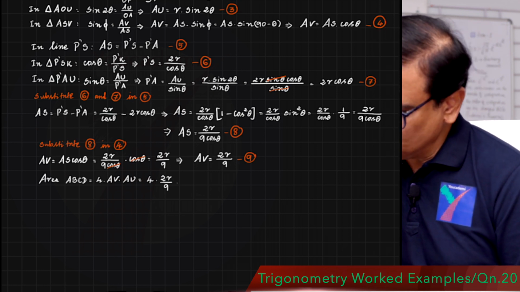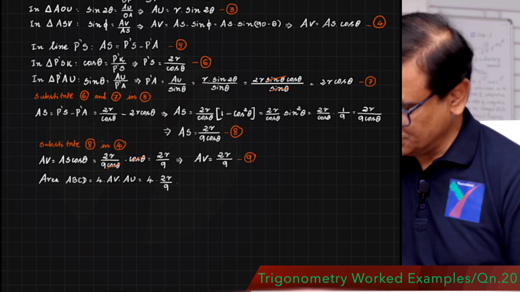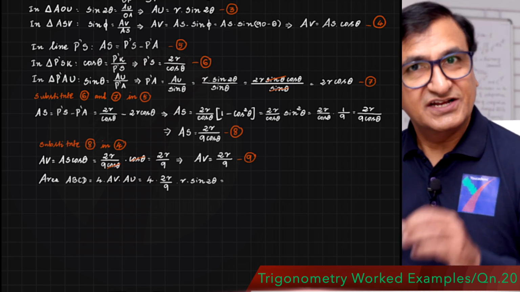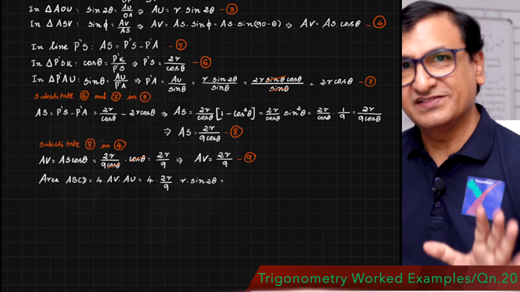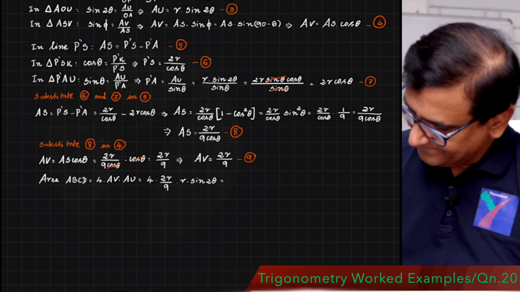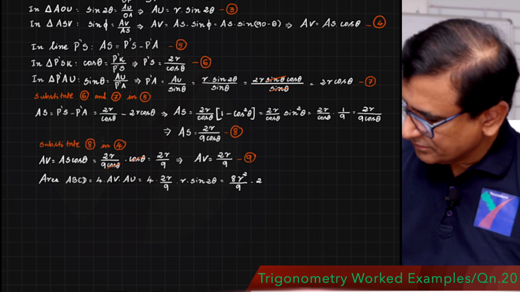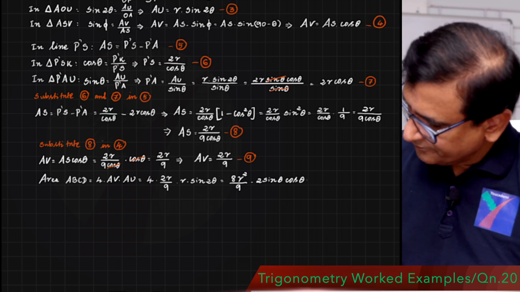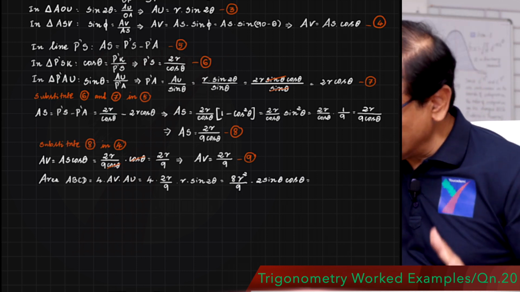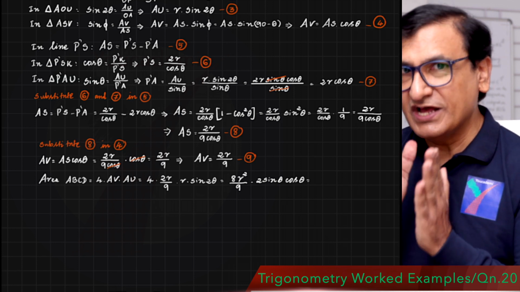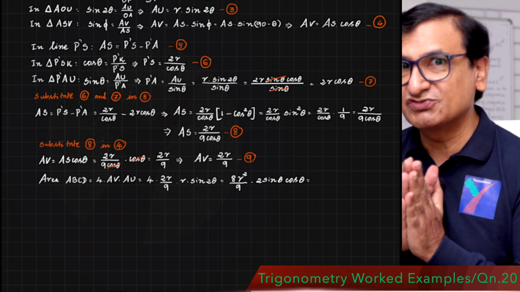Then AU is r sine 2 theta. And sine 2 theta can be written as 2 sine theta cos theta. Now we know sine theta is 1 divided by 3 and cos theta I'm going to write as square root of 1 minus sine square theta.